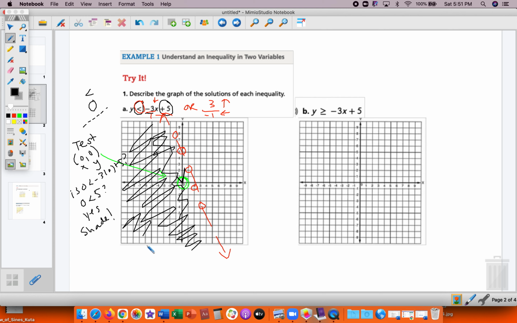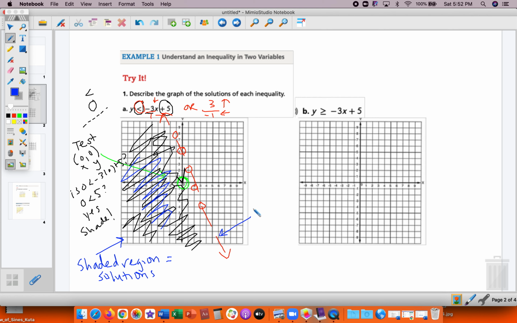So describe the graph. In this region, the shaded region represents solutions. Shaded region equals solutions to the inequality. So if I plug in any ordered pair in this region, they'll make a true statement.